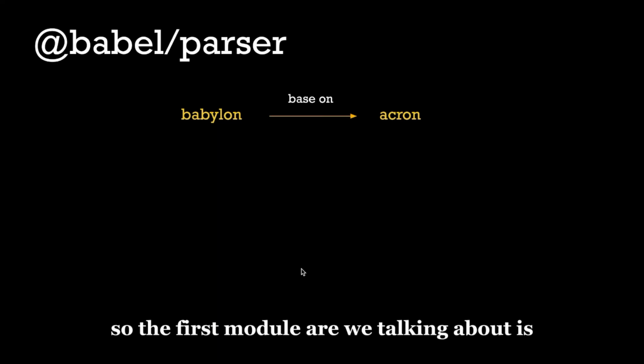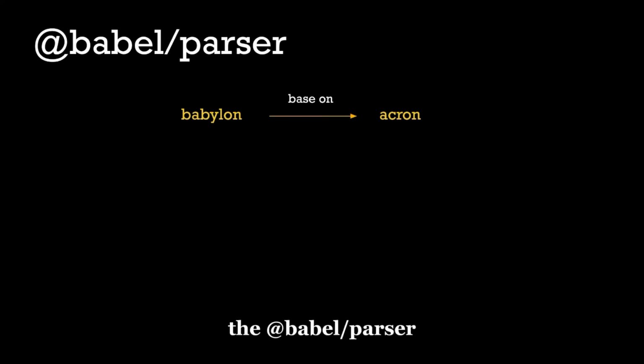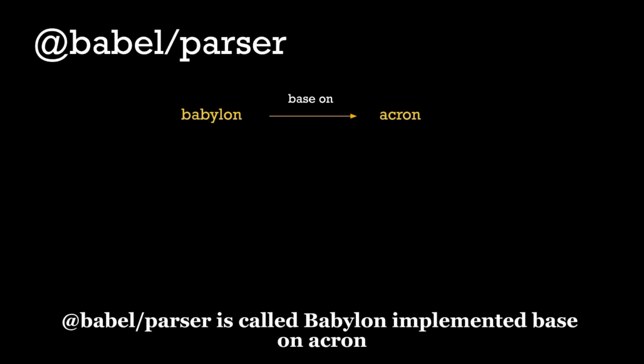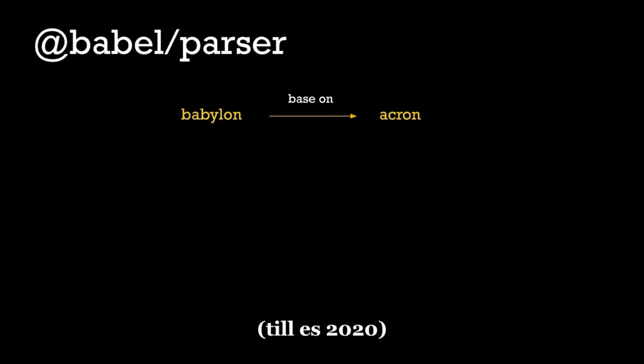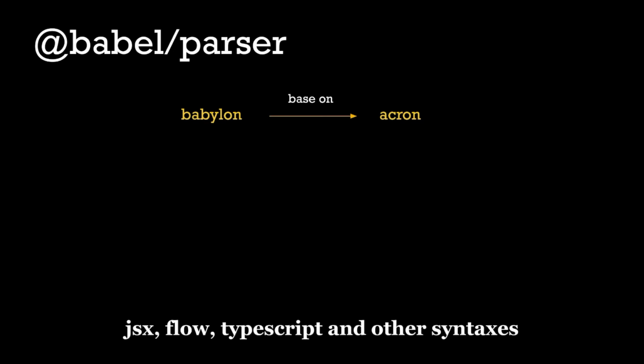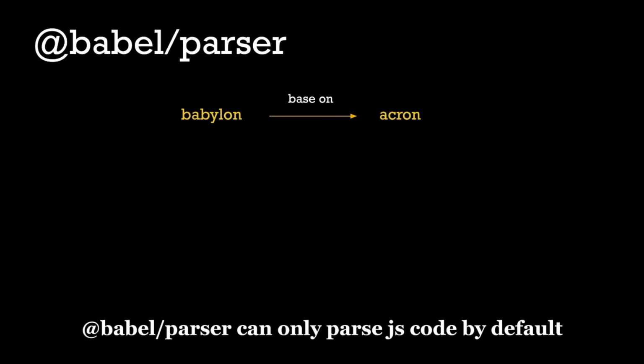So the first module I'll be talking about is the Babel parser. Babel parser was called Babylon, implemented based on Acorn, and adds on a lot of syntax to support parsing of ES 2020, JSX, Flow, TypeScript, and other syntaxes. Babel parser can only parse JS code by default.